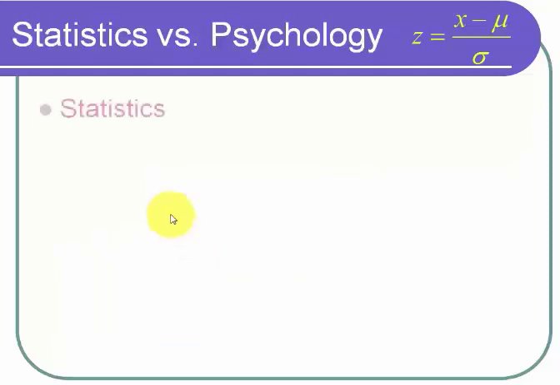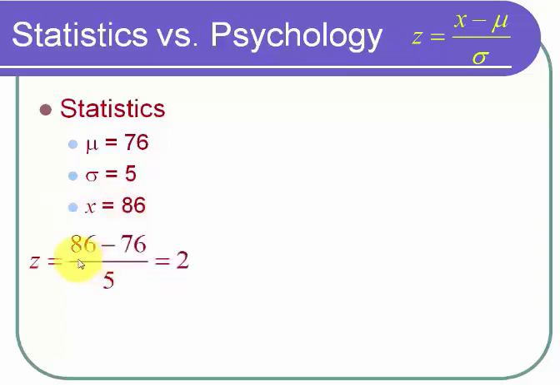For statistics, the mean was 76, the standard deviation was 5, and Juan's score was 86. So let's calculate the z-score, which is the observed value, 86, minus the mean, 76, divided by the standard deviation, 5. I put that into my calculator, and I got 2.